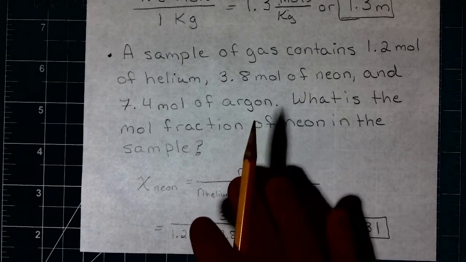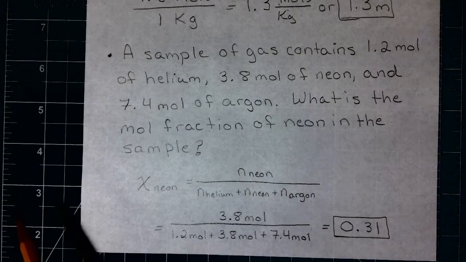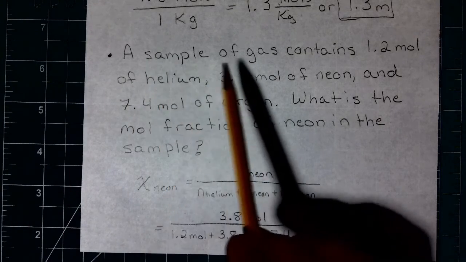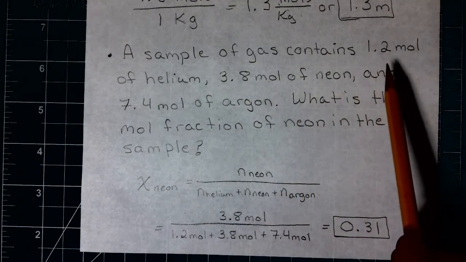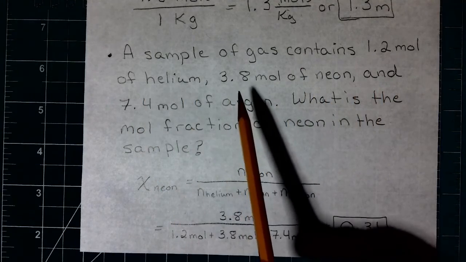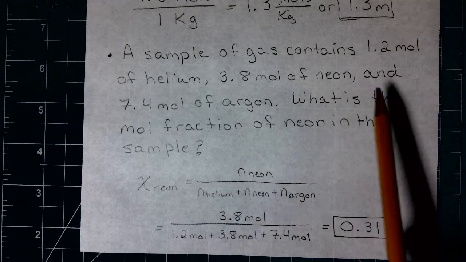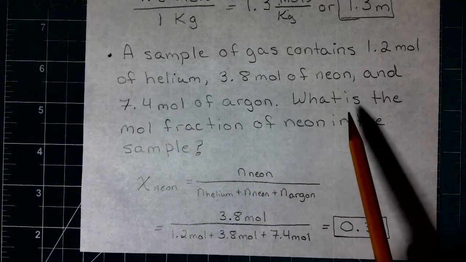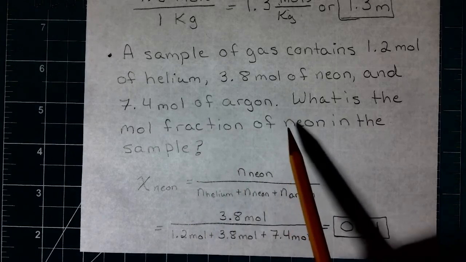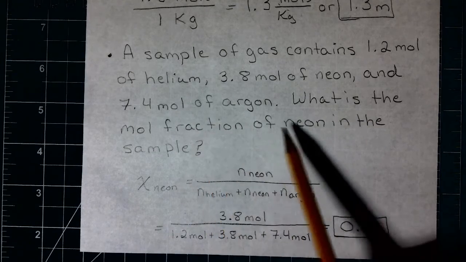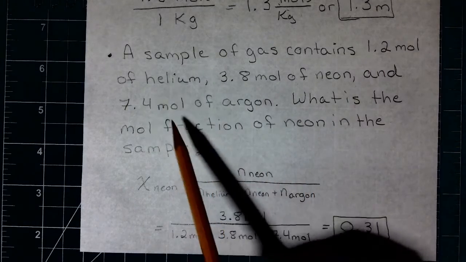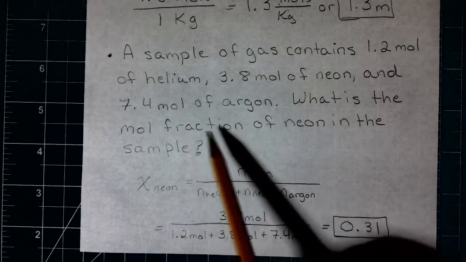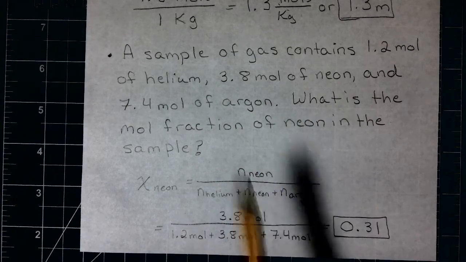Now let's take a look at a mole fraction example. A sample of gas contains 1.2 moles of helium, 3.8 moles of neon, and 7.4 moles of argon. What is the mole fraction of neon in the sample? So here we have an example where we're making a solution that's comprised entirely of gases, but we know that we can do that. That's not a problem.